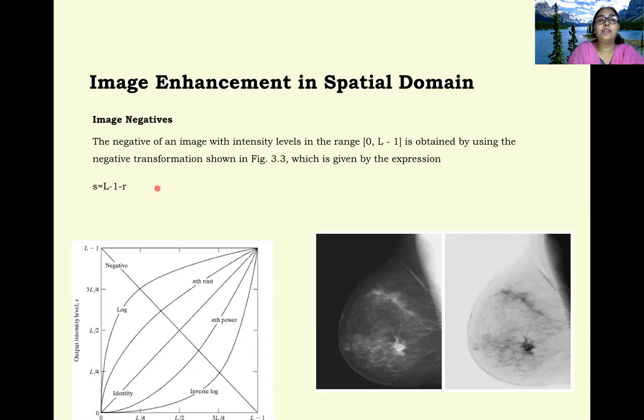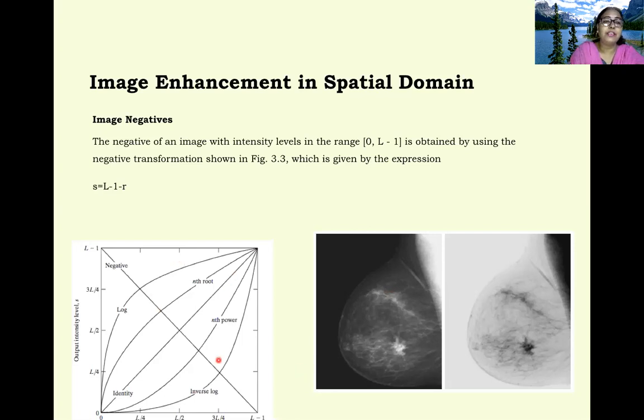The image is transformed as S = L-1-R. R is the original image intensity, S is the transformed intensity after this transformation. So the image is just the complement of its original intensity value.